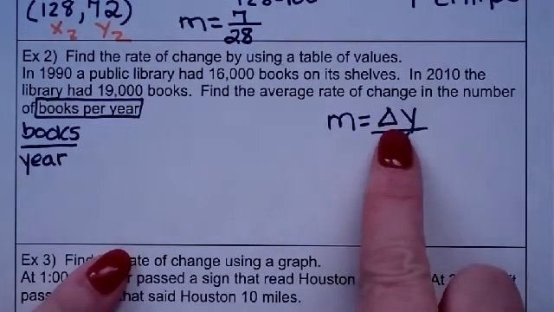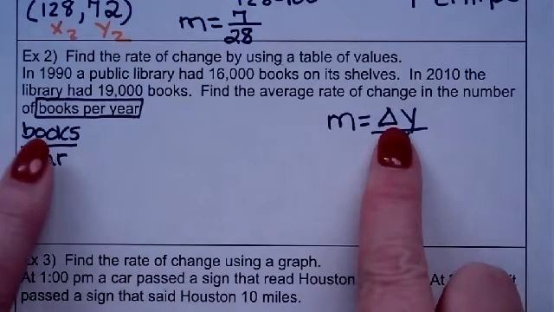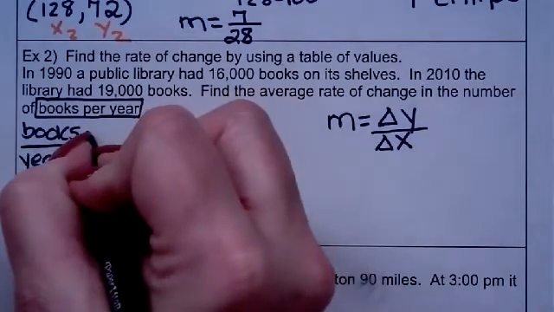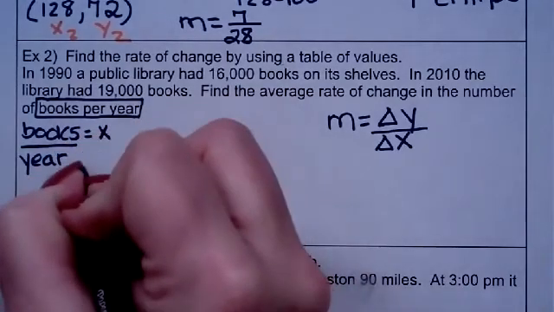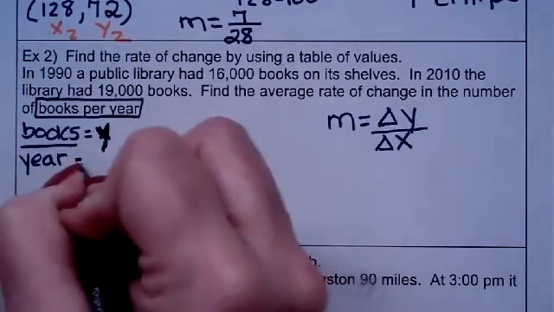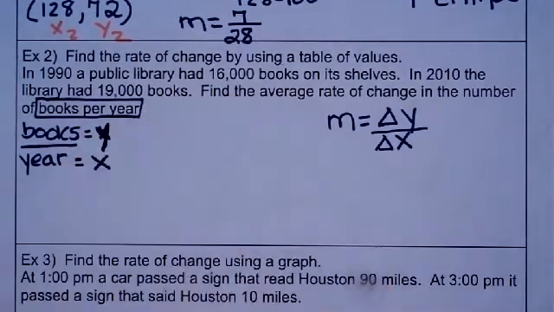My numerator, which is the y, has to be books. So books is going to be the y, sorry, not to tell you backwards, and years will be my x.